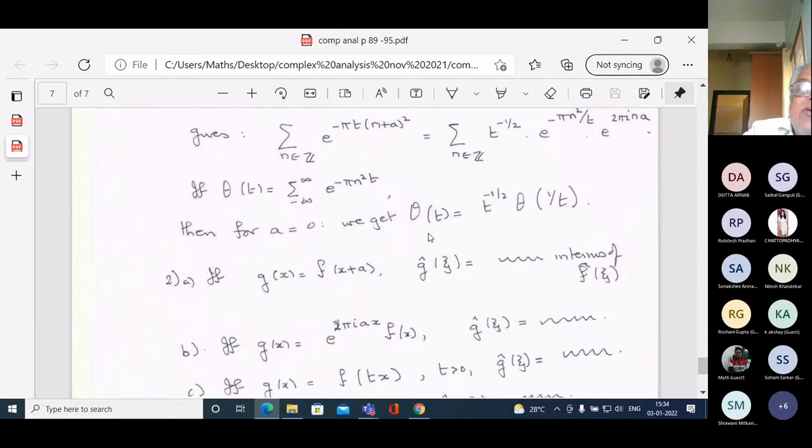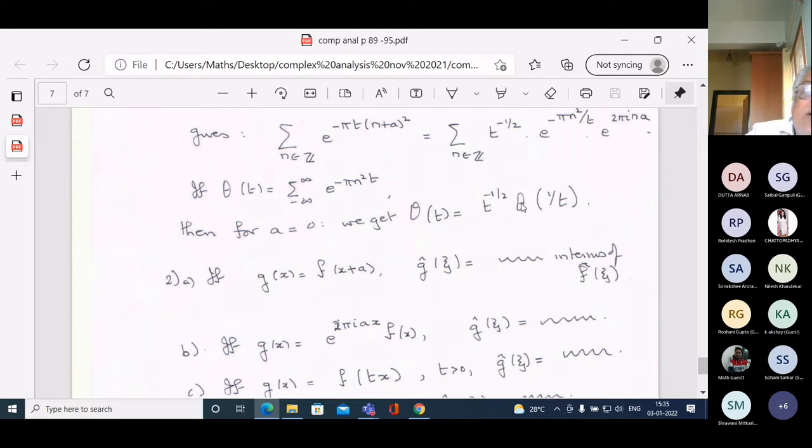And there's a consequence of this. When t is very large, obviously this theta(t) is small. In particular, it is bounded. Let me say this again. As t tends to infinity, 1 over t tends to 0.